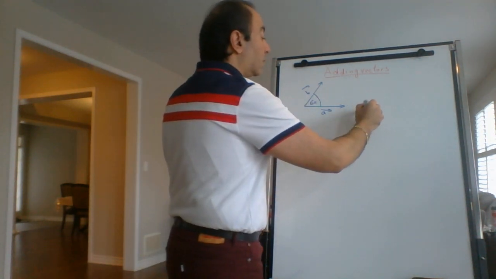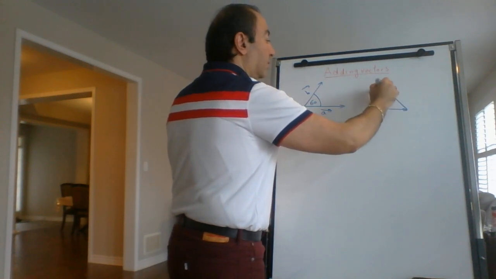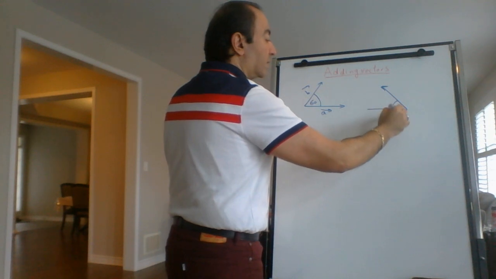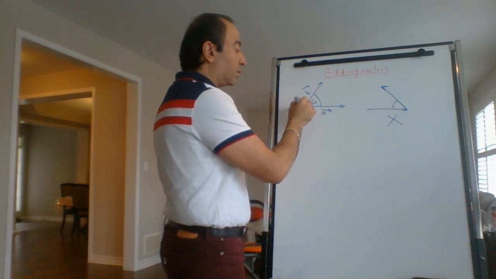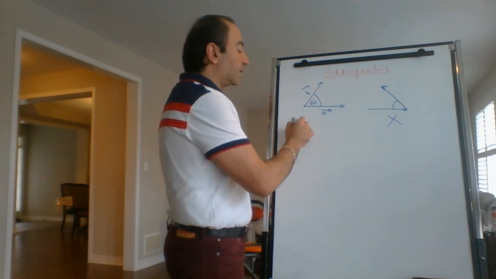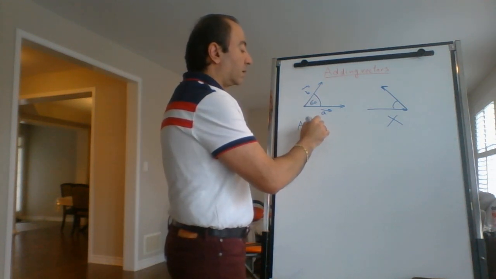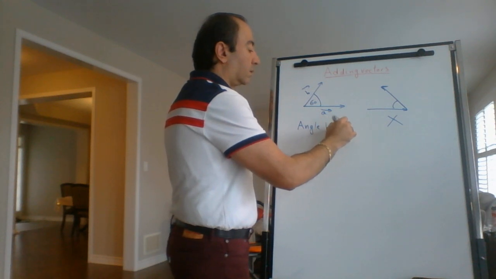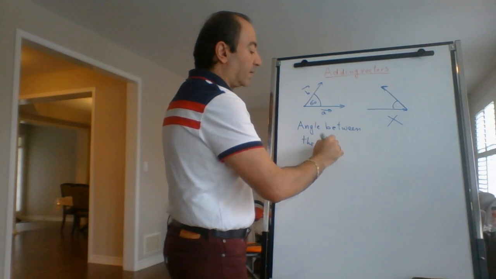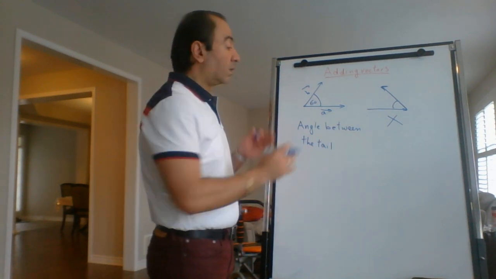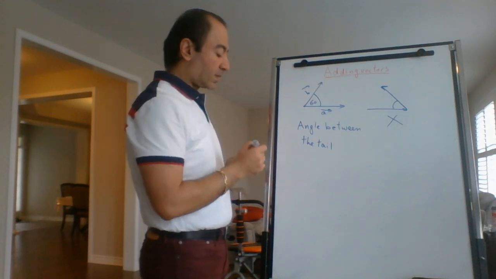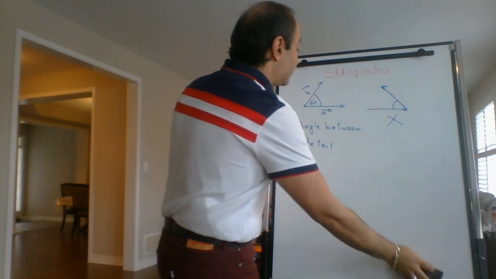It's not the angle between the heads or the head and tail or any of these. So when we say the angle between vectors, we mean the angle between their tails. Okay, this is the first thing I want to tell you.